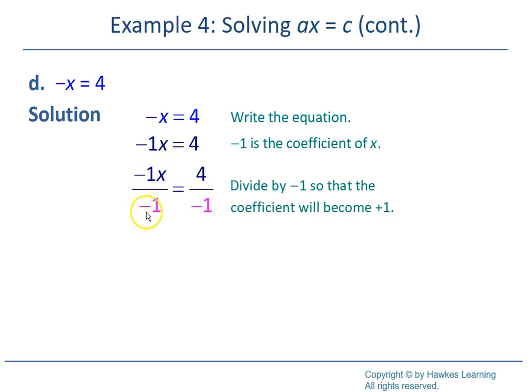Or if I divide both sides by a negative 1, a negative 1 divided by a negative 1 gives me a positive 1x. Again, we don't write the 1. And then here, 4 divided by a negative 1 gives us a negative 4. So this checks out.